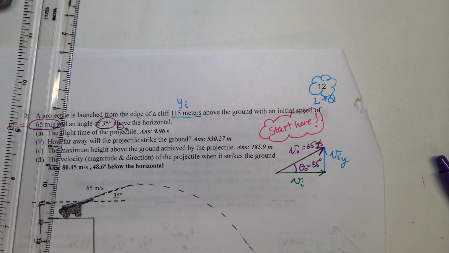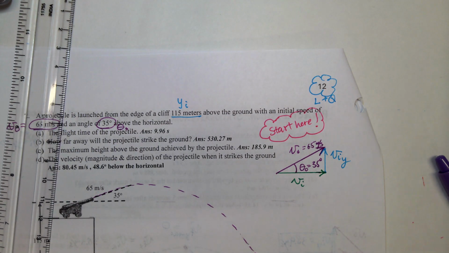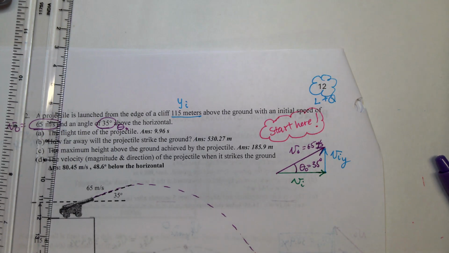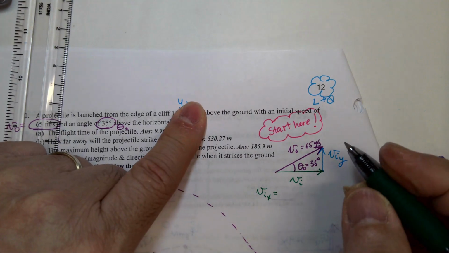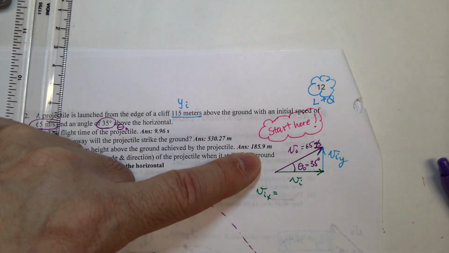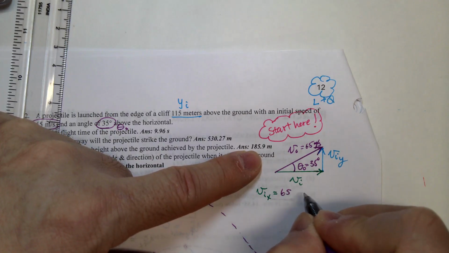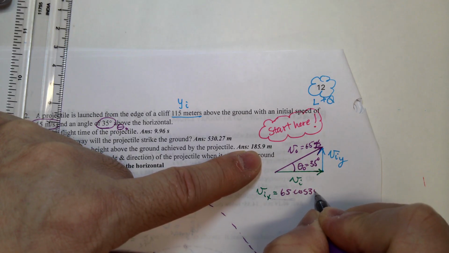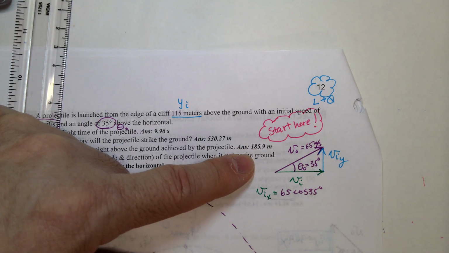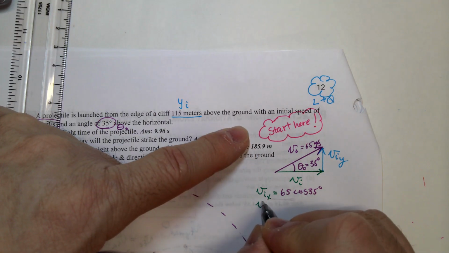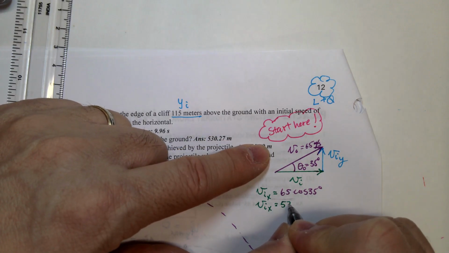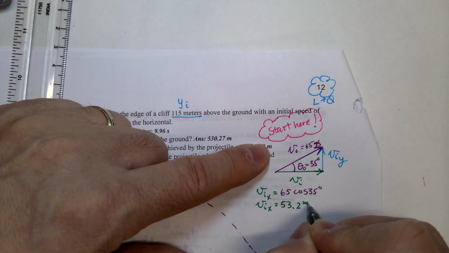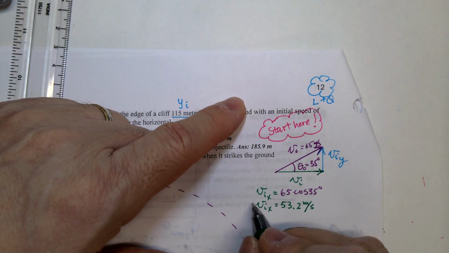So, let's calculate your VIX and VIY. What's your VIX? Your VIX is equal to V naught cosine theta, which is 65 times cosine of 35 degrees. And if you work that out, I get something like 53.2 meters per second. So that's good to know.